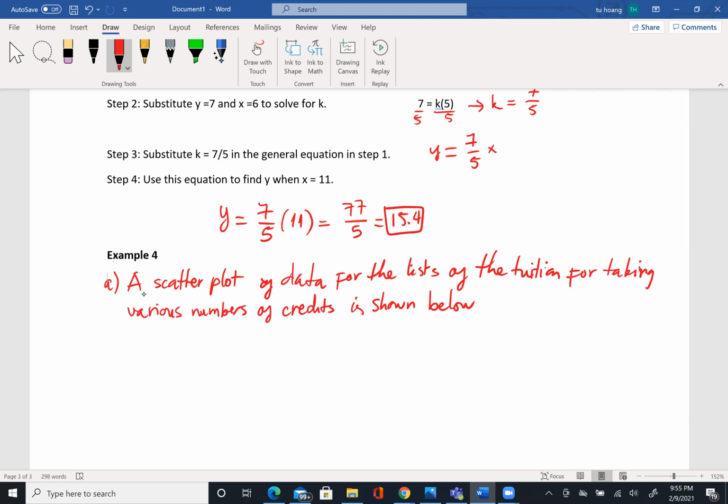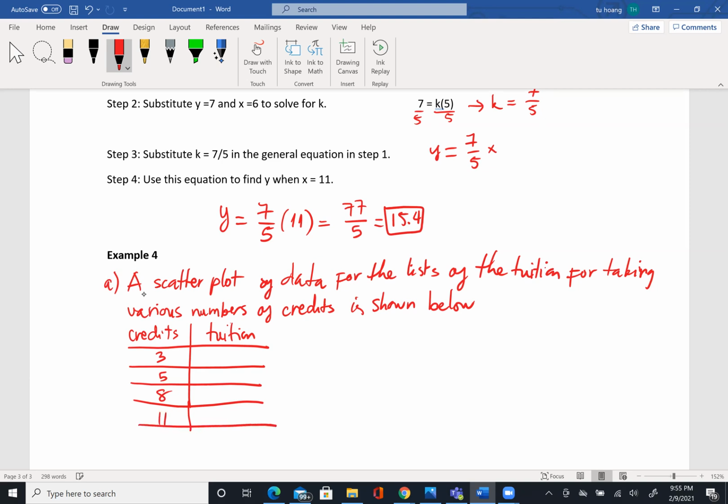So here is credit, and here's tuition. Credits: 3, 5, 8, 11, and 17.